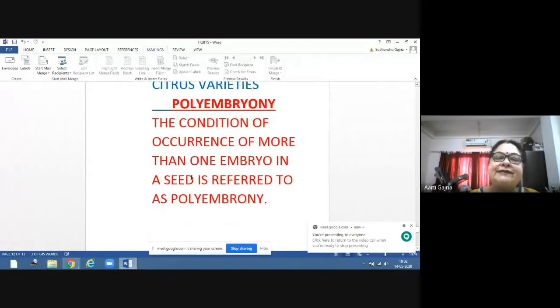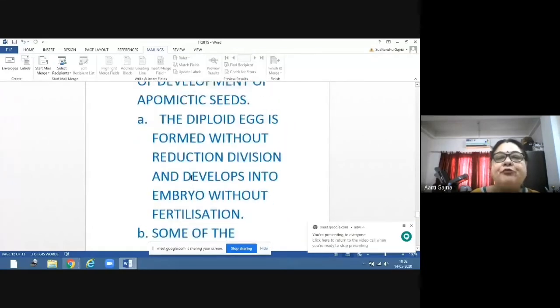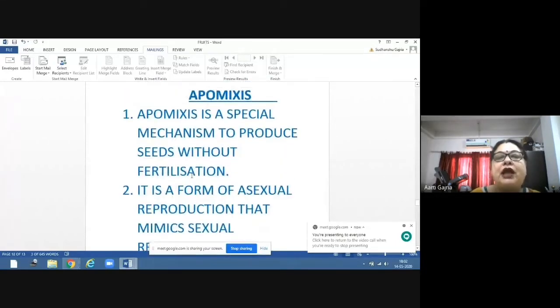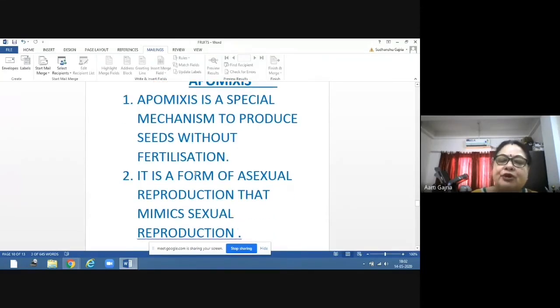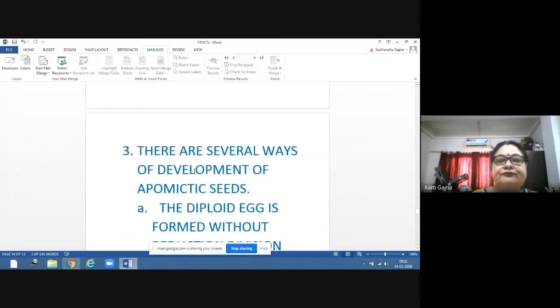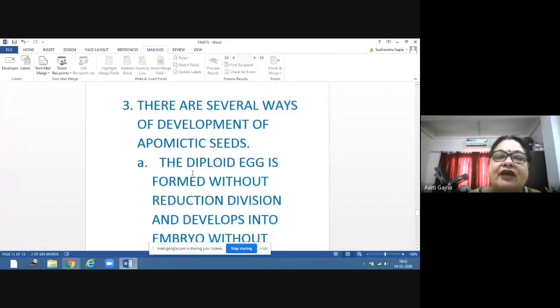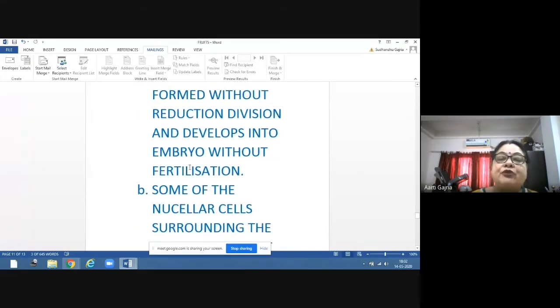So we were discussing apomixis. What is apomixis? Apomixis is the special mechanism to produce seeds without fertilization. It is a form of asexual reproduction that mimics sexual reproduction. There are several ways of developing apomictic seeds. The diploid egg is formed without reductional division, that is meiosis, and it develops into an embryo without fertilization.